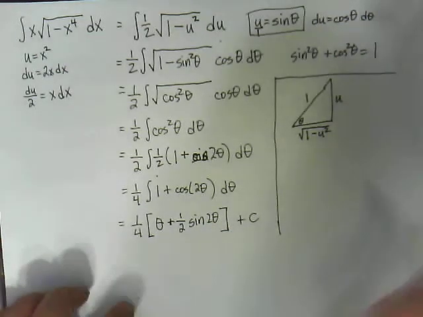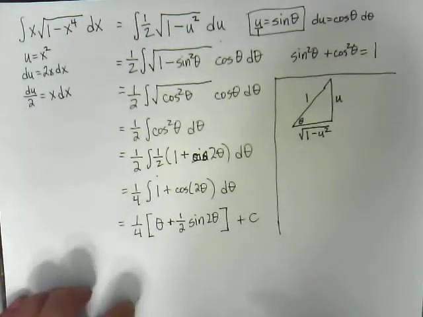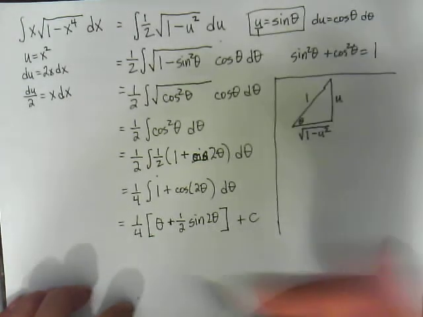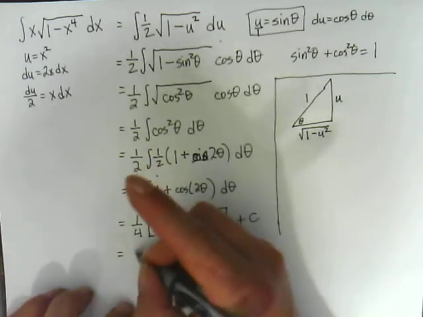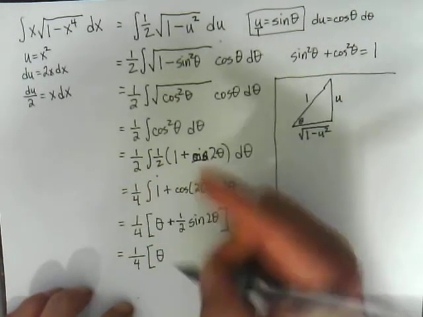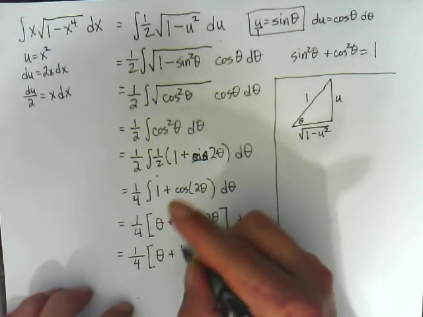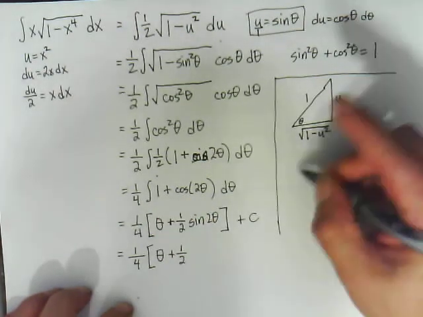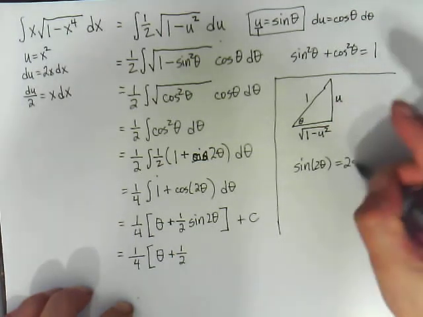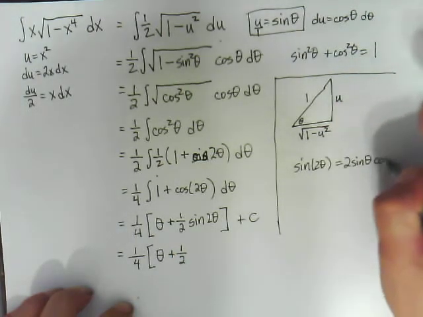Now, the hard part is I don't have sine theta, I have sine 2 theta. So we have to use one of those crazy identities. This is going to be 1/4 times theta plus, and we're going to have to use the fact that sine 2 theta is equal to 2 sine theta cosine theta.